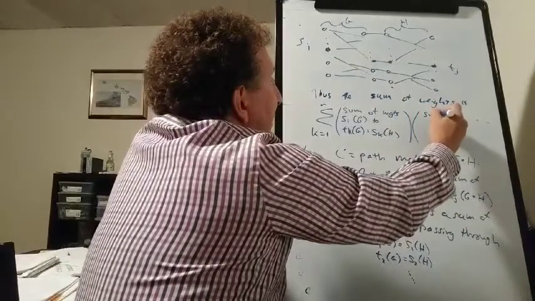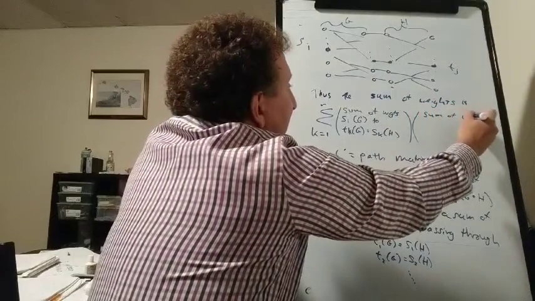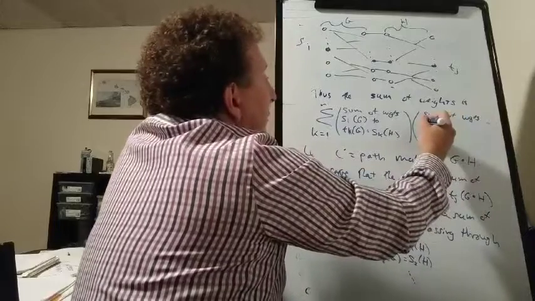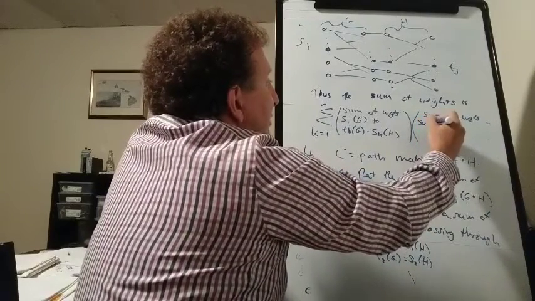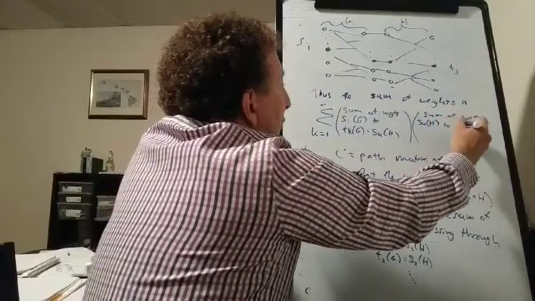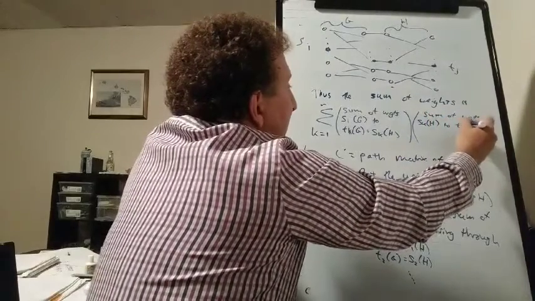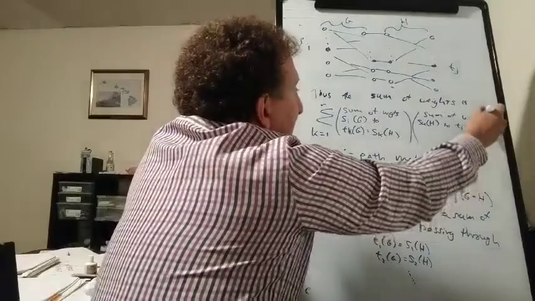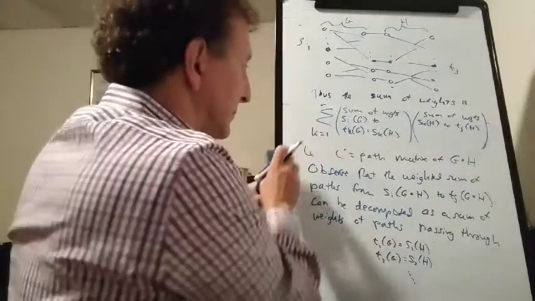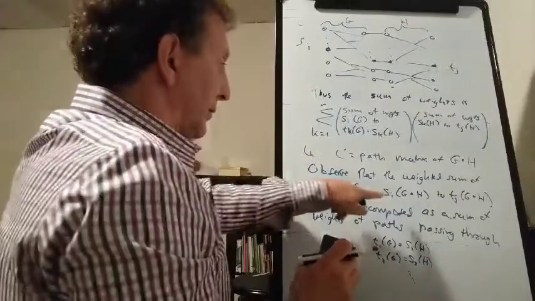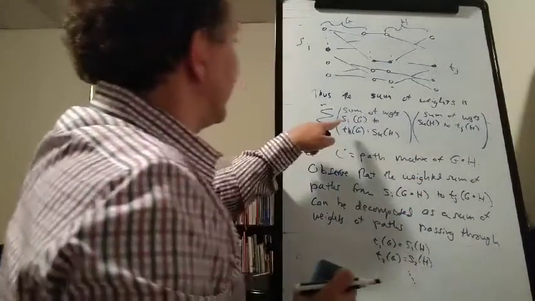So then we have the sum of weights from S_k of H to T_j of H. Going from S_i on the left to T_j on the right.